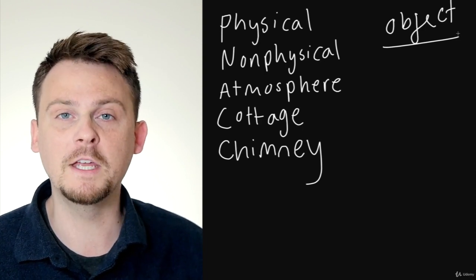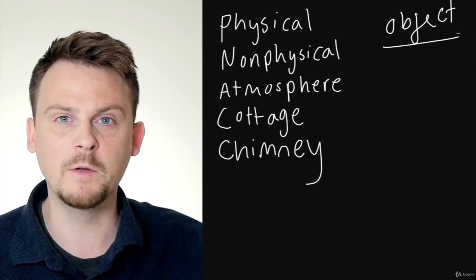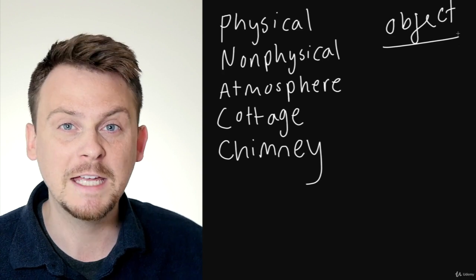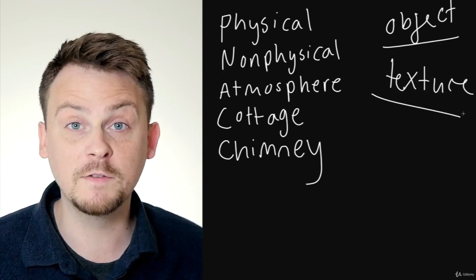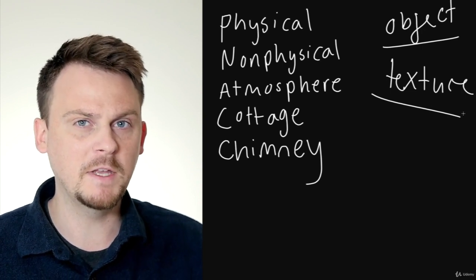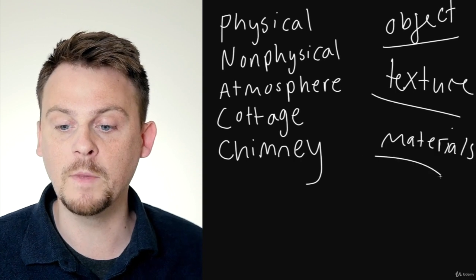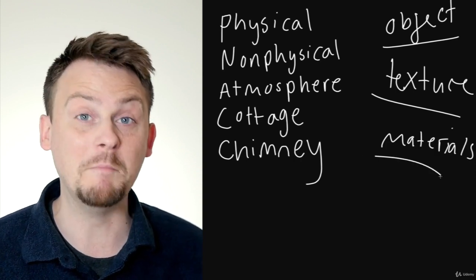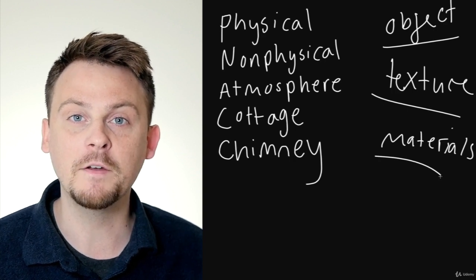A physical thing is often called an object. So when we're describing a physical thing, we'll use colors, we'll use texture. Texture is the surface of something, but if it's not something that we're feeling, then we might talk about the materials. We might talk about the materials, and that means what it's made of, right? So there are a lot of different things that make up something that is physical.